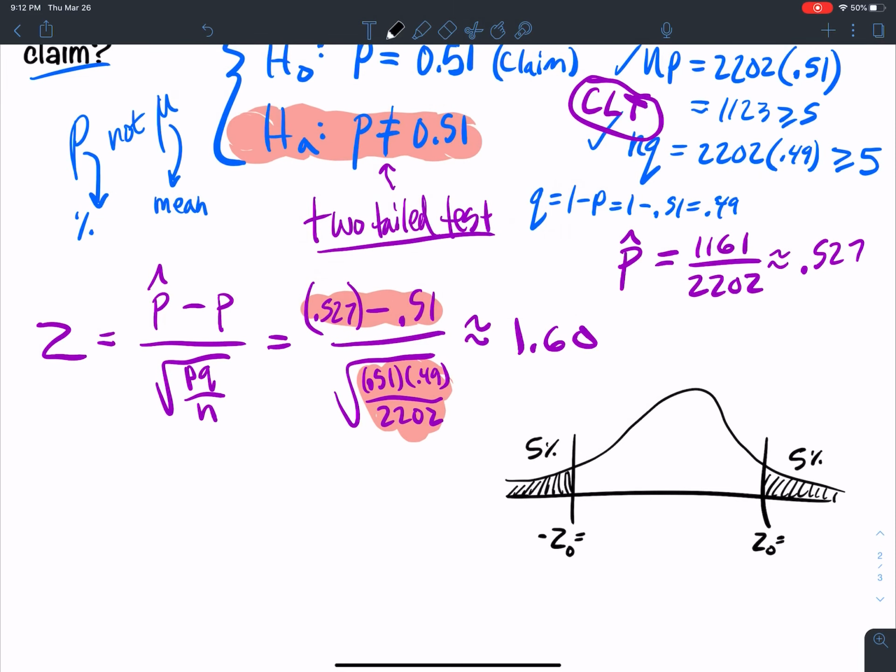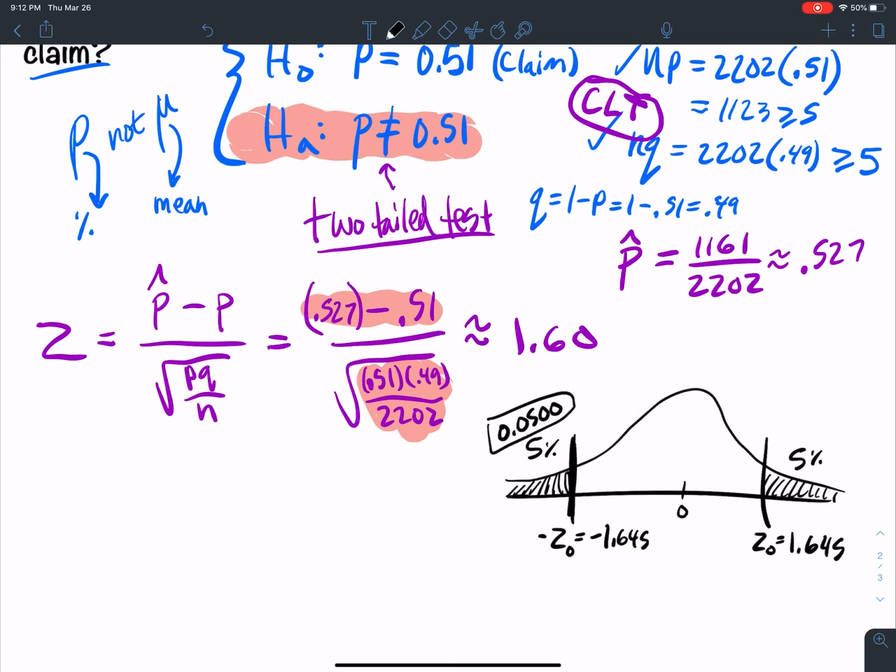To do this, I've got to look up 0.0500. Remember, this is that key one that I said pops up 100 times or 89 times or whatever it was. So this is going to be negative 1.645 when you look it up in your z-chart. And over here, this is the positive 1.645.